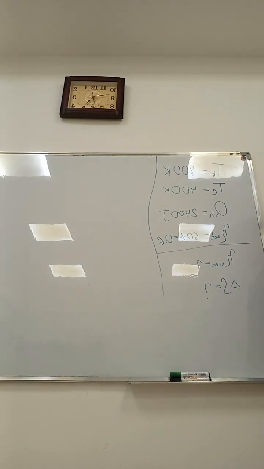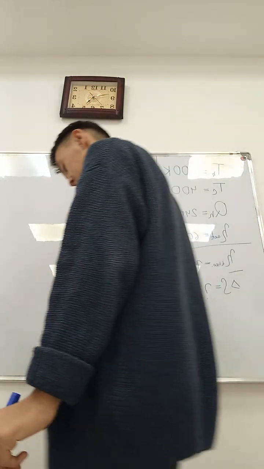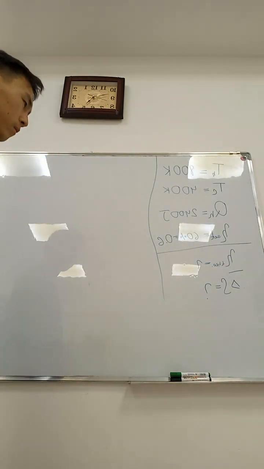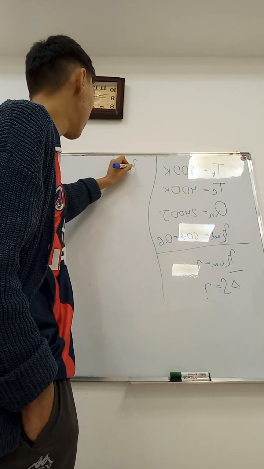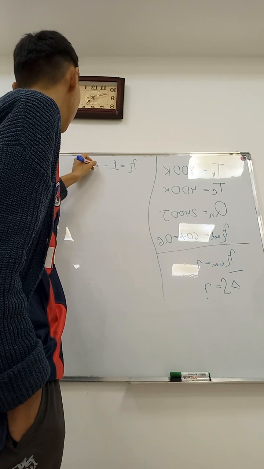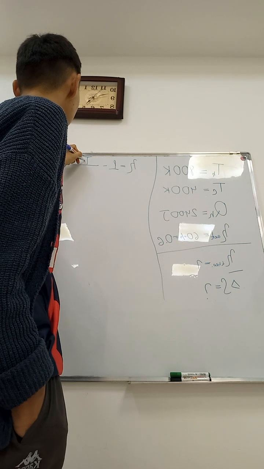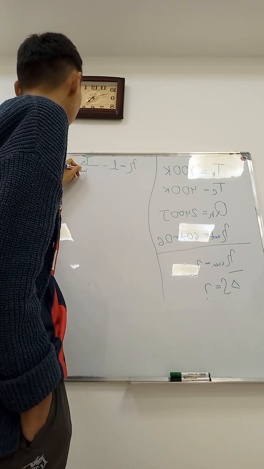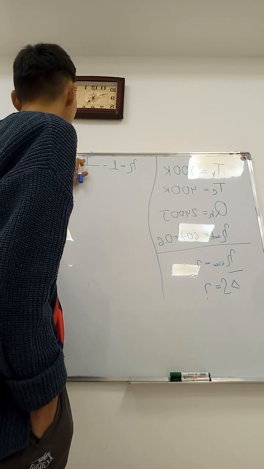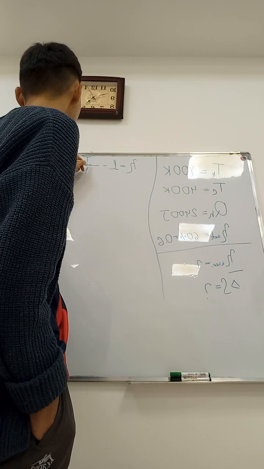Next. At first, we need to find the theoretical efficiency. How do we find this? We just use this formula: efficiency equals 1 minus T cold divided by T hot.